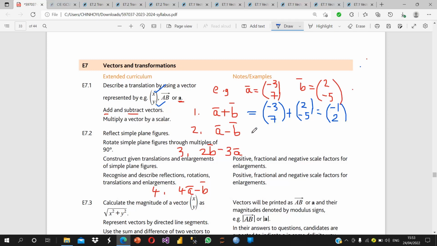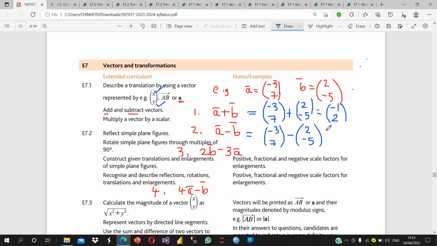Now let's look at how to find A minus B. So we are taking A, which is minus 3 and 7. Then we are going to subtract B. And what is our B? Our B is 2 and negative 5.